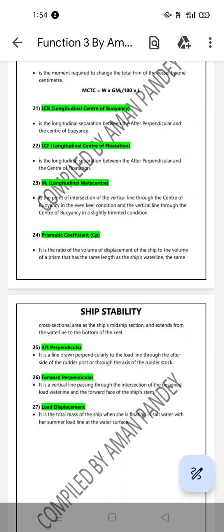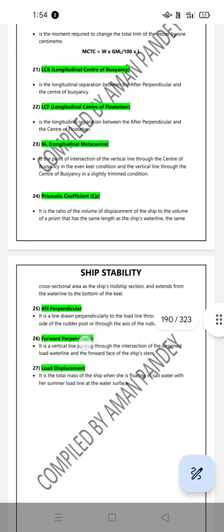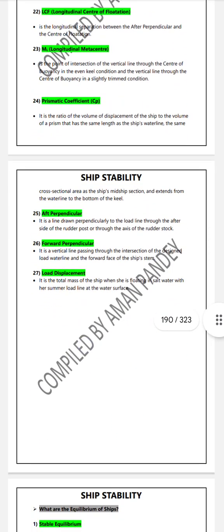It is the point of intersection of the vertical line and the waterline in the trim condition. Now prismatic coefficient is nothing but the underwater volume divided by the same length of the ship's waterline and the area at the midship.